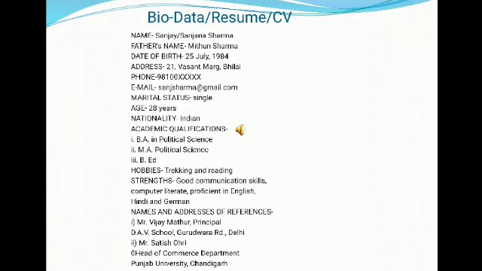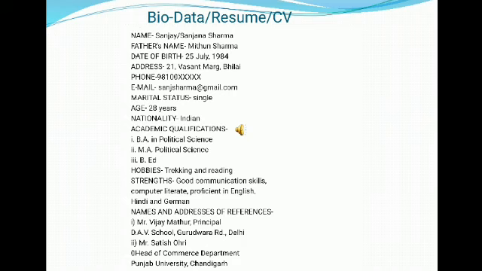So always the academic qualification should be in tabular form, with the name of the examination, then university or board, then year, and then percentage. So under these titles, academic qualification should be mentioned here. Here it's not actually there, but one care we have to take is that it should always be in tabular form.